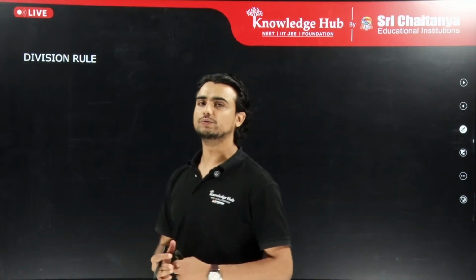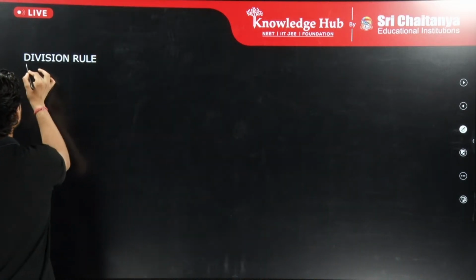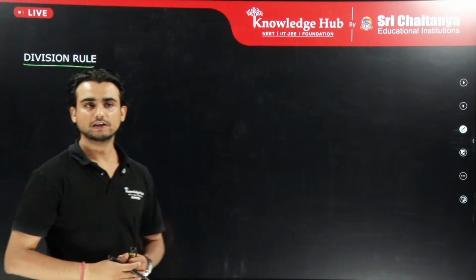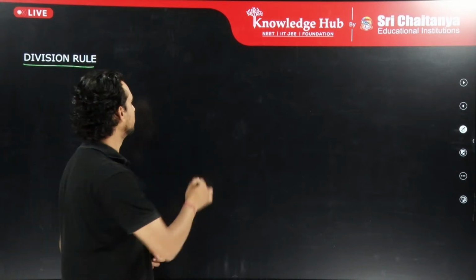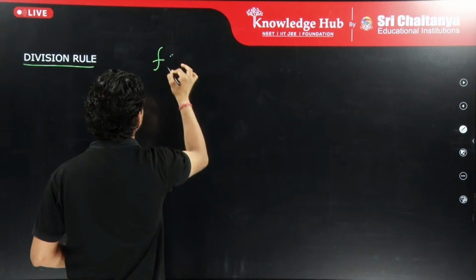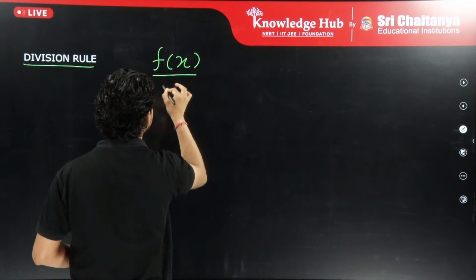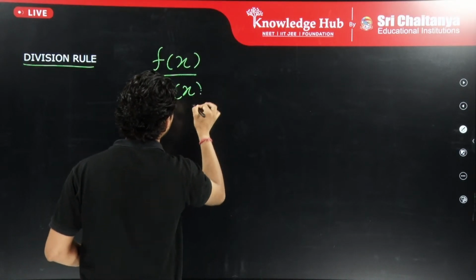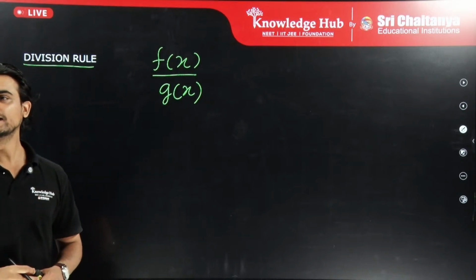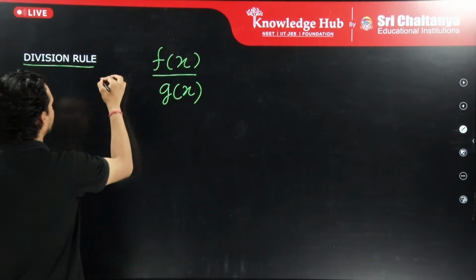So, the division rule. In the division rule, what do I have? I have two functions, f(x) and another function g(x), and both functions are in division form. Let this be h(x).